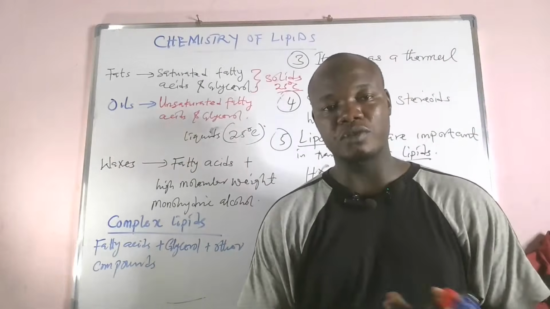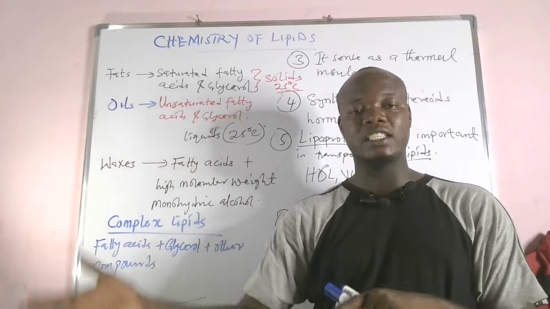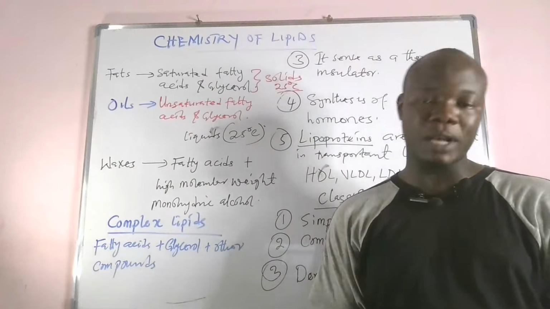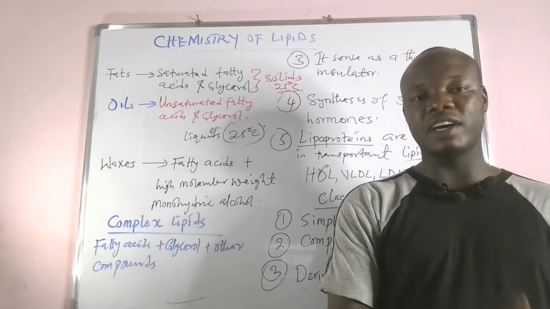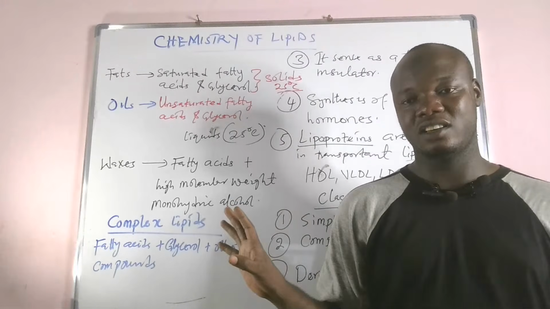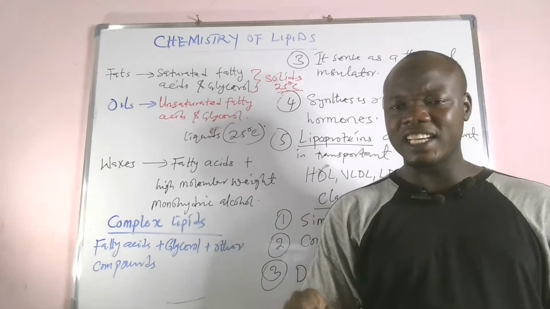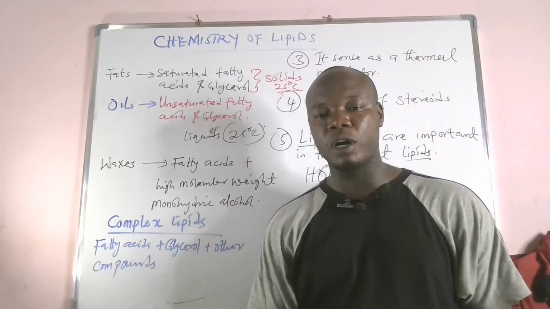Please try to differentiate these things. Complex lipid is fatty acid plus glycerol and other compounds. Simple lipid is made up of fatty acid and alcohol. Is that clear?